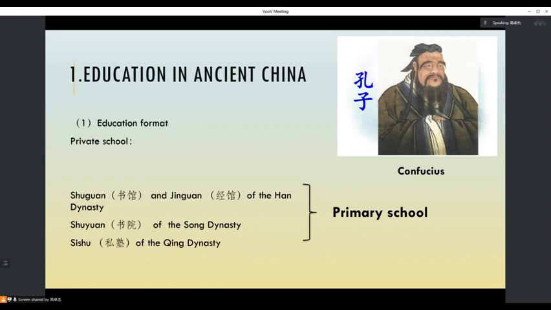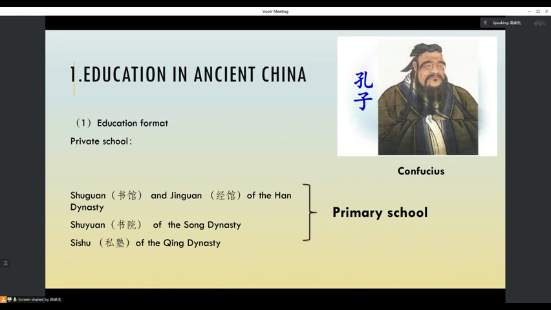In books or classics you can learn traditional Chinese thought, and there were many private school names like 书院.